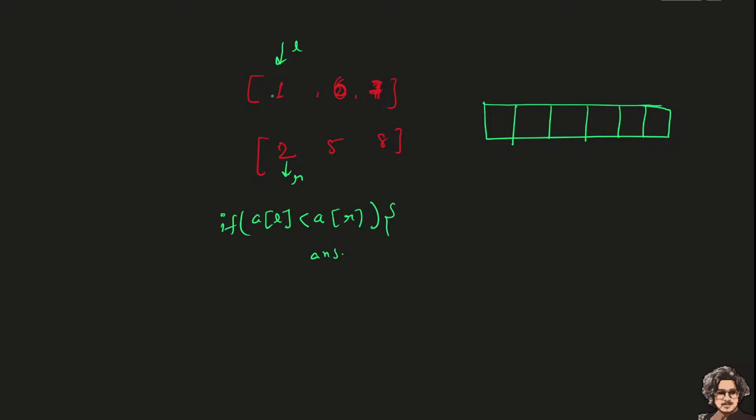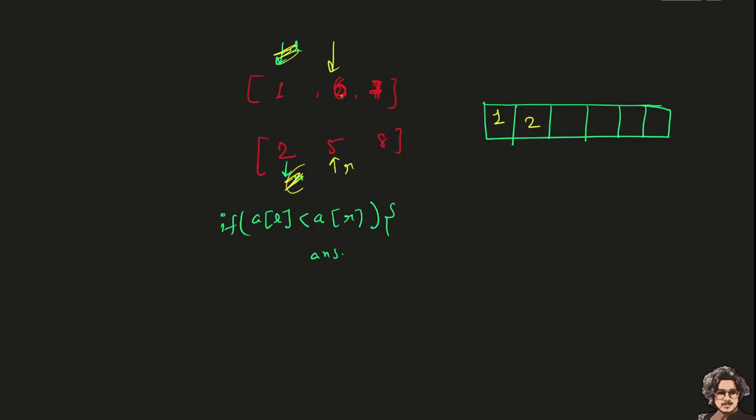Just imagine we are at this position. This one is smaller than this one, so we put the one value here, and we move the left pointer to this position. Left plus plus, and we are comparing. If right is smaller, we put the right value and move the right pointer to this position.